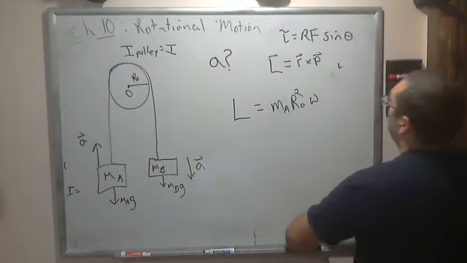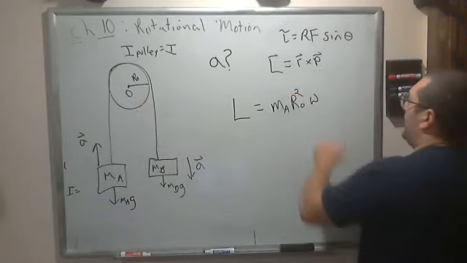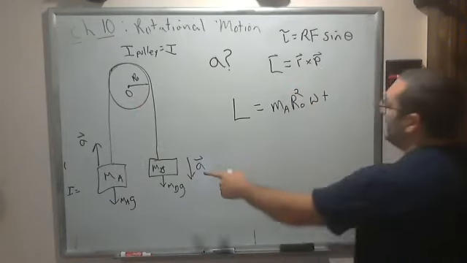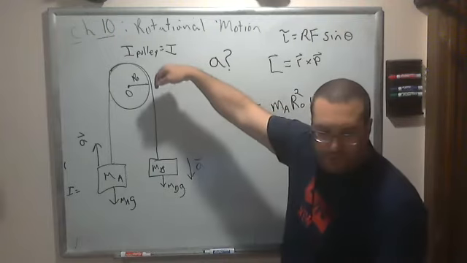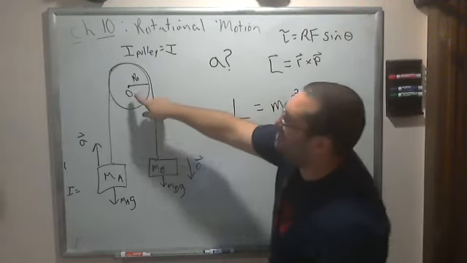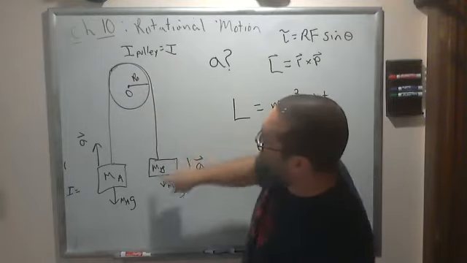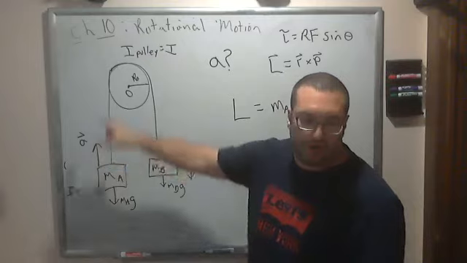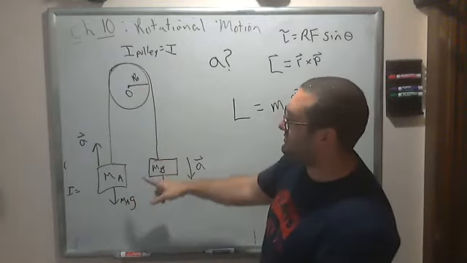Let me write it out first. It's going in this direction, and over here, even though it's moving downwards, as we rotate around it's moving in the same direction. Here we're taking counterclockwise as positive, which we can do as long as we stay consistent.